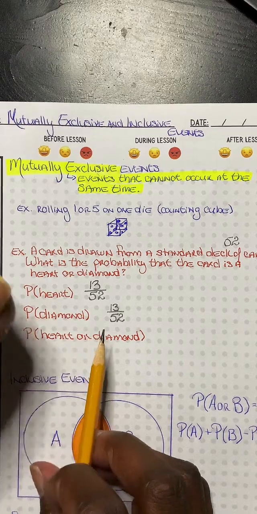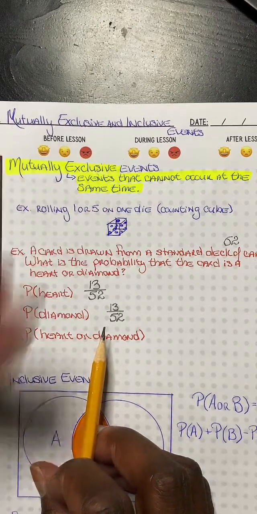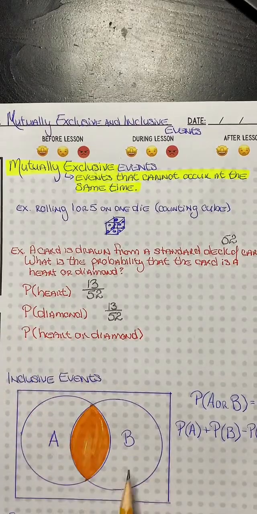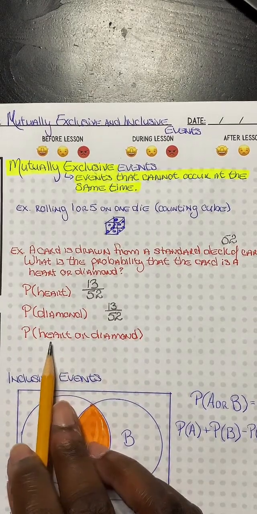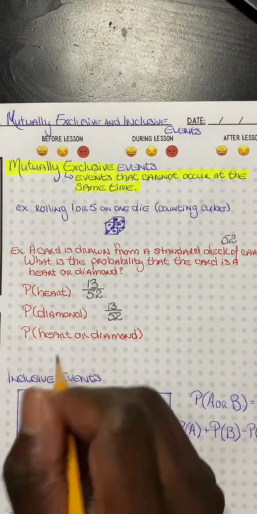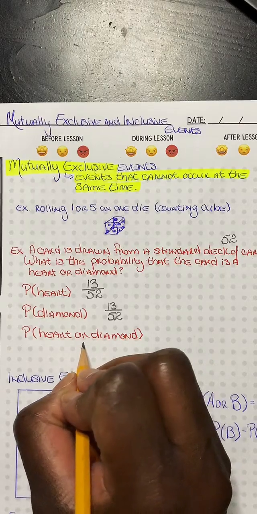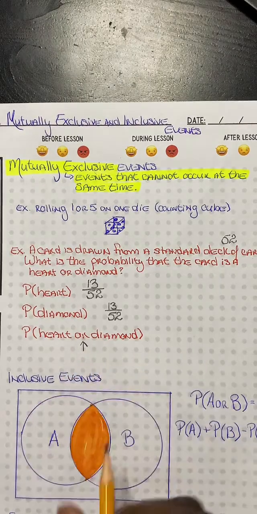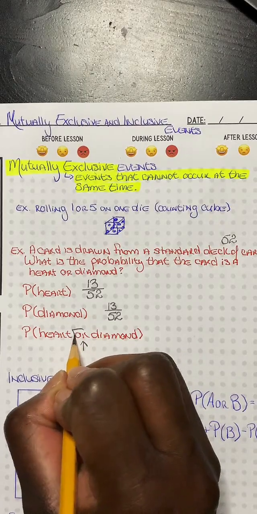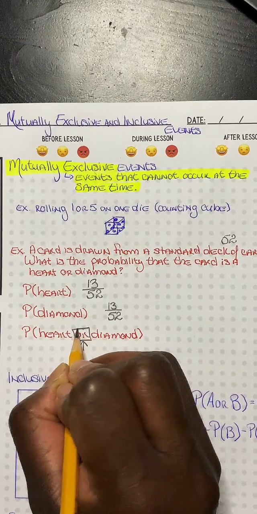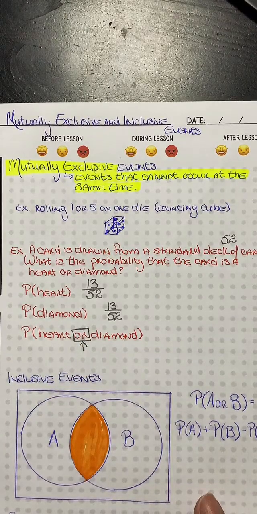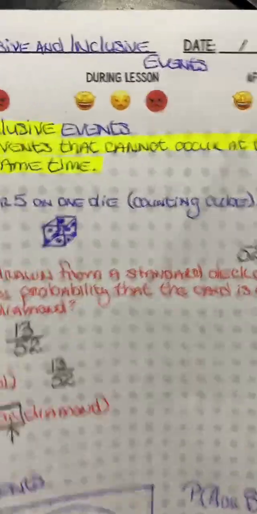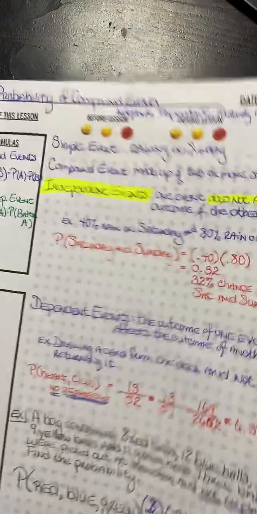If I have one card, I can't have a heart and a diamond on the same card. It's got to be one or the other. So since I see this word or, anytime you see this word or, you're not going to multiply your results. That's what's different. Let me show you.